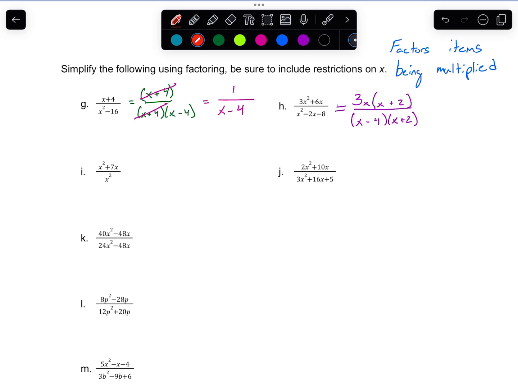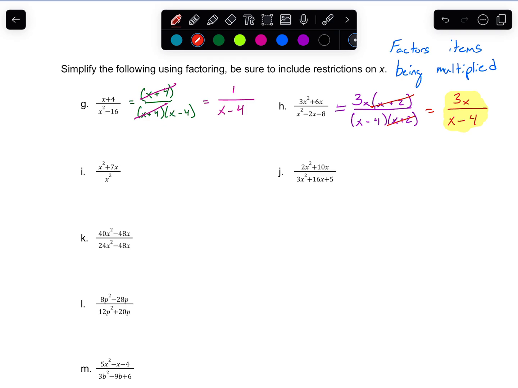And now I see my like factors. I have 3x times x plus 2 in the numerator, x minus 4 times x plus 2 in the denominator. So both of those will cancel out, leaving us with 3x up top and x minus 4 in the bottom. Okay, I don't have anything else that I'm multiplying together. Keyword multiplying, that cancels out in our numerator and denominator, so we just leave it as 3x over x minus 4.